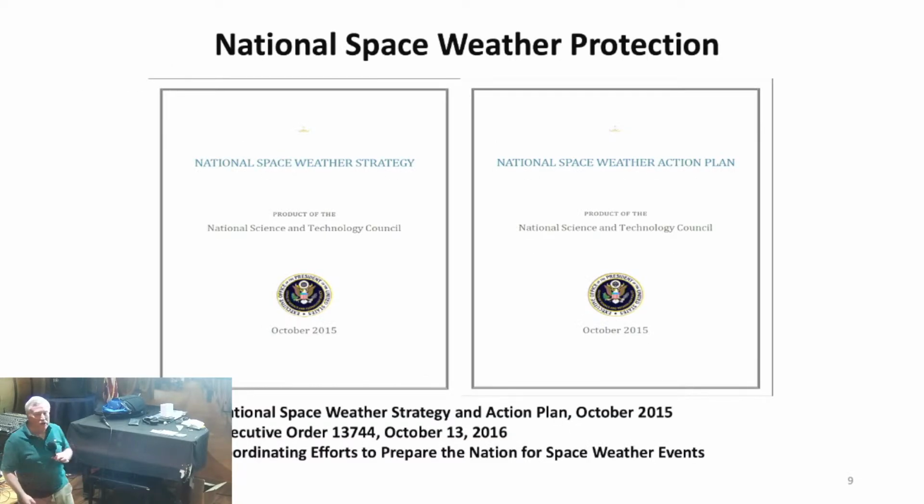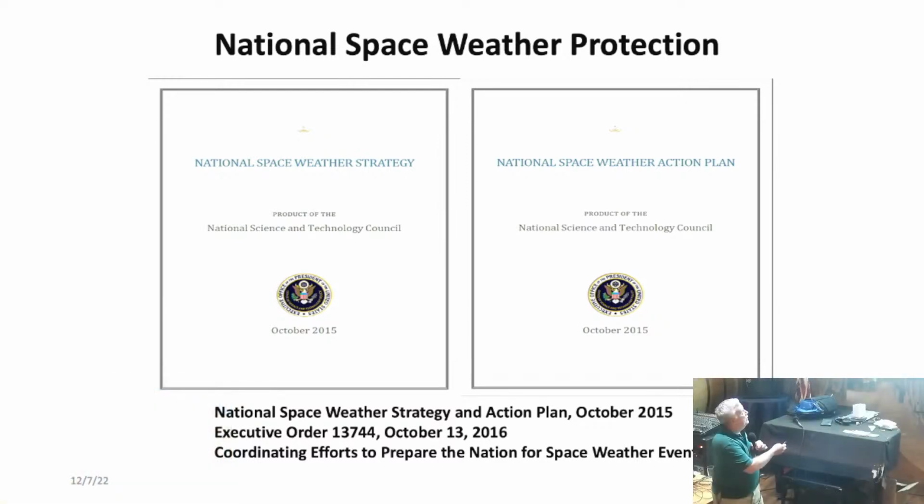Okay, so in 2015, the Obama administration signed two fundamental documents here. They are the United States National Space Weather Strategy, this one on the left, and the United States National Space Weather Action Plan. These two documents put the federal government into motion.